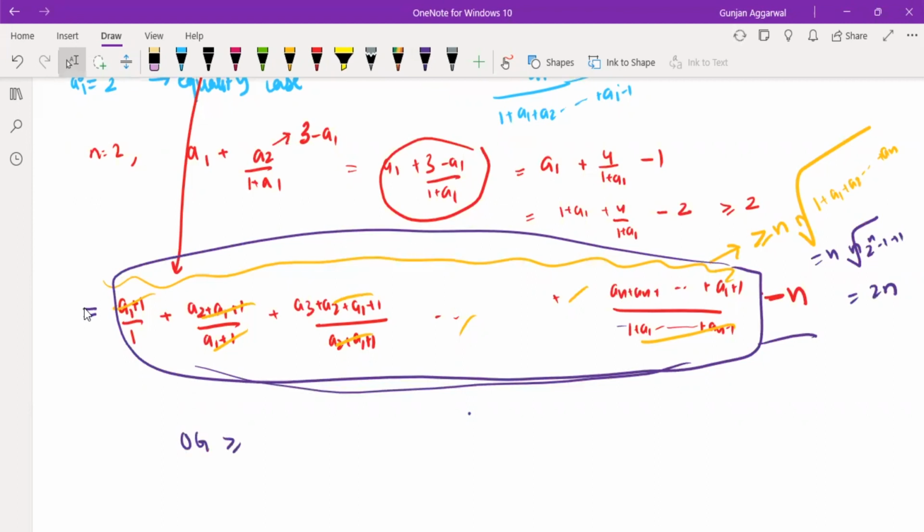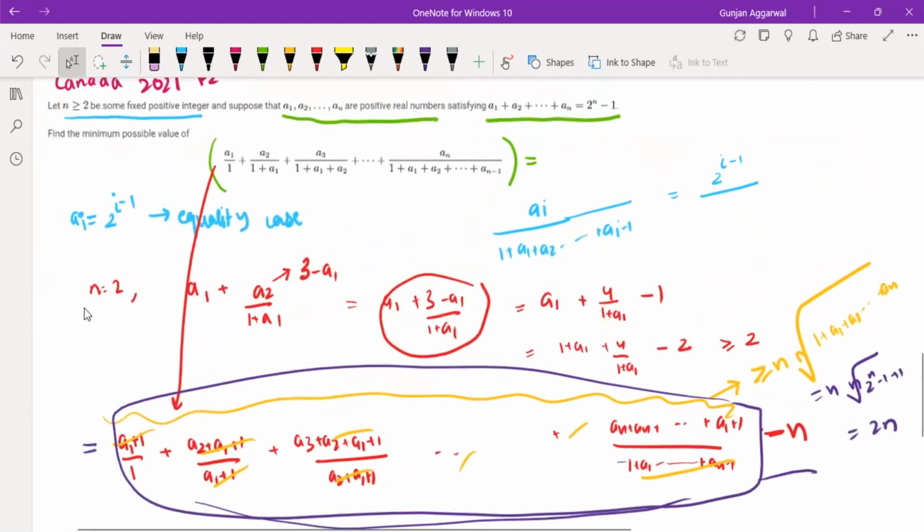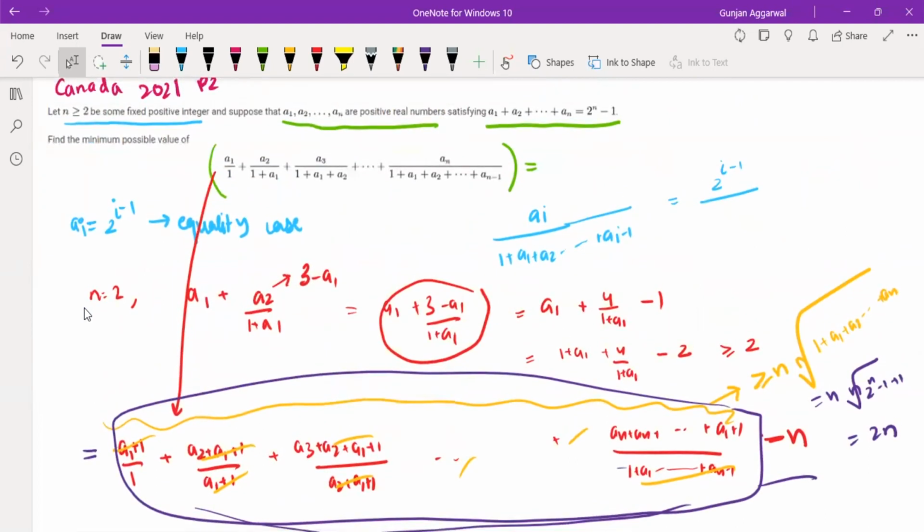So the original expression is greater or equal to 2n minus n, which is n. So you have a bound now, and you just need to find the equality case. So you know that this is the minimum value, and this is the equality case, and it's easy to show that it works.